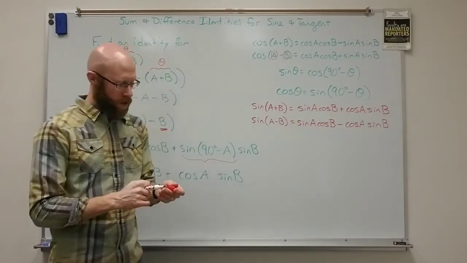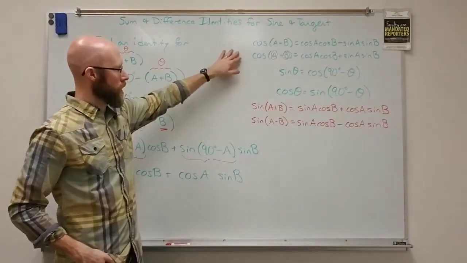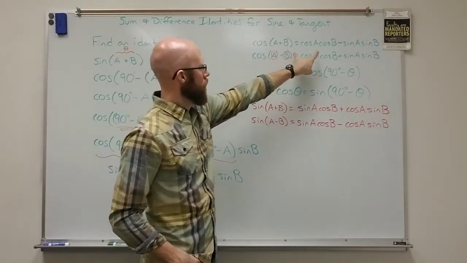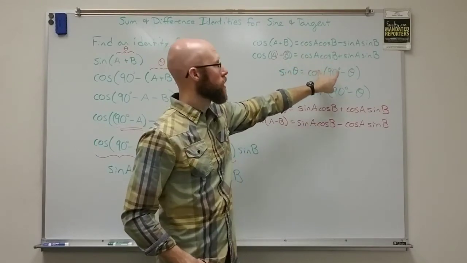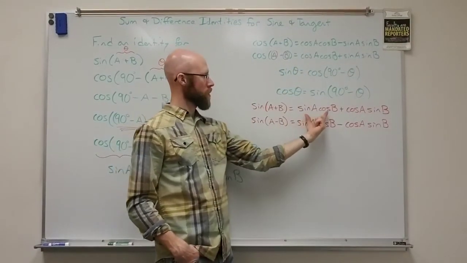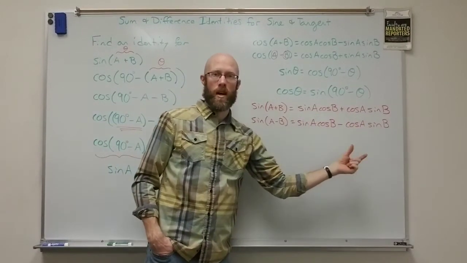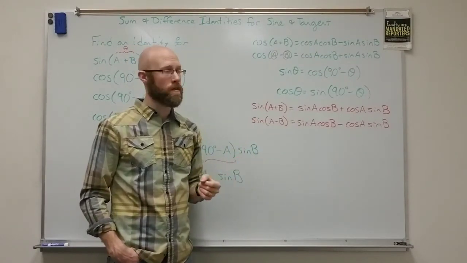There are obviously some similarities and differences between the formulas for the sine and the cosine. In the cosine formulas, you have both the cosines together and both the sines together. Whereas in the sine formulas, you have sine cosine, and cosine sine. So you have a combination of the two rather than just having them all together.